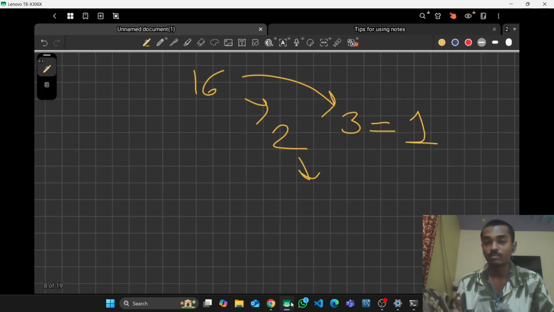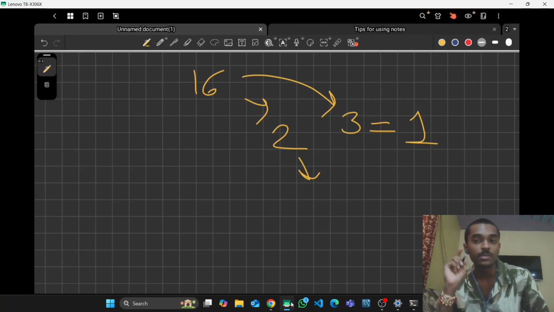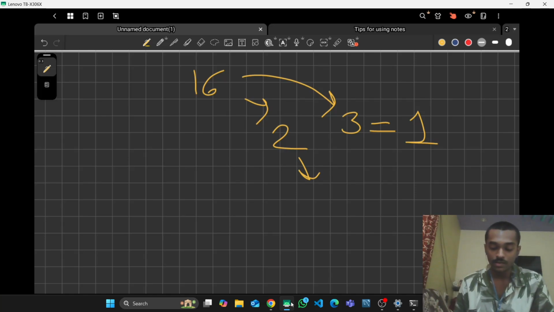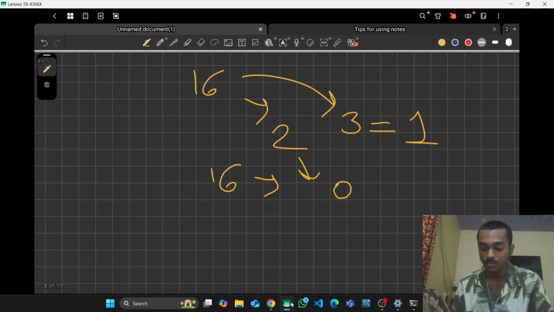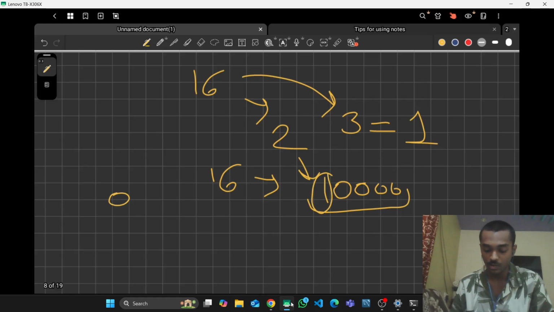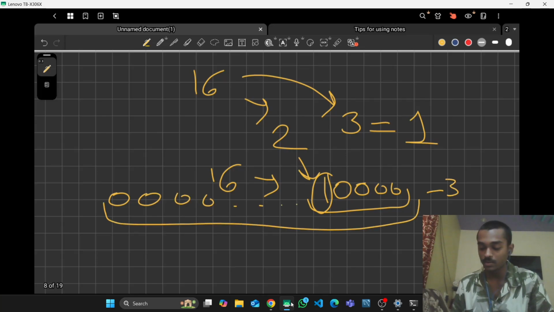And if you know the bit manipulation technique, you can check if any number is a power of 2. How? Let's say 16, is it a power of 2 or not? In bits, 16 is a 1 followed by zeros, in total 32 bits.